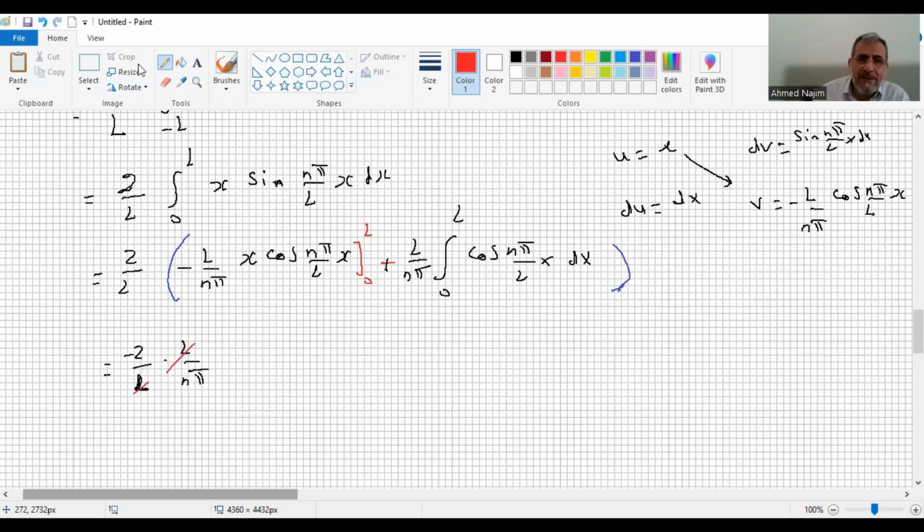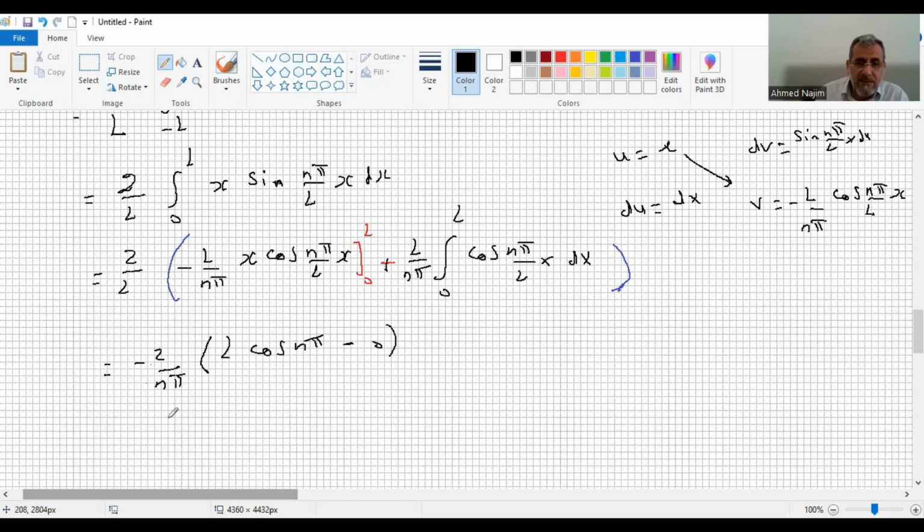That means this can be written as negative 2 over n pi, and we replace x by L, so this is L cosine n pi. L will cancel, so it will be only cosine n pi, minus, replace x by 0, so this will be 0, because 0 times 0 is 0.